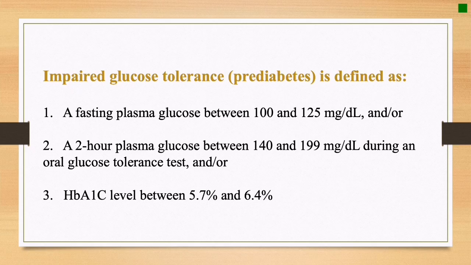Why is this important? Because as many as 1/4 of individuals with impaired glucose tolerance will develop diabetes in the next 5 years. With additional risk factors such as obesity and family history, the risk is compounded. In addition, individuals with prediabetes have an elevated risk of cardiovascular disease.